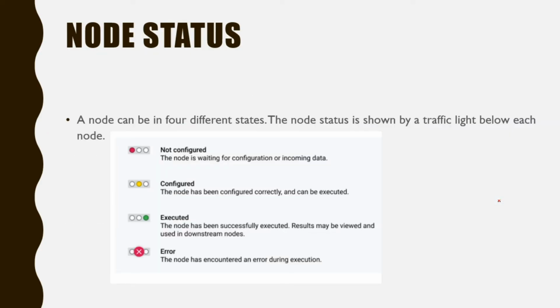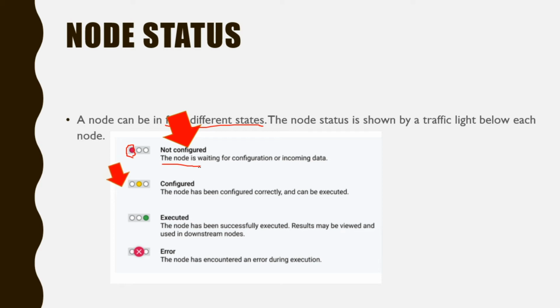So as I stated, let us learn the various status of every node. The node can be in any one of these four different states. This can be shown in different traffic light combinations given below. So if red occurs in the first signal, then it says it is not configured. The node is waiting for configuration or incoming node. Once your configuration is over, now the second yellow light will be blinked.